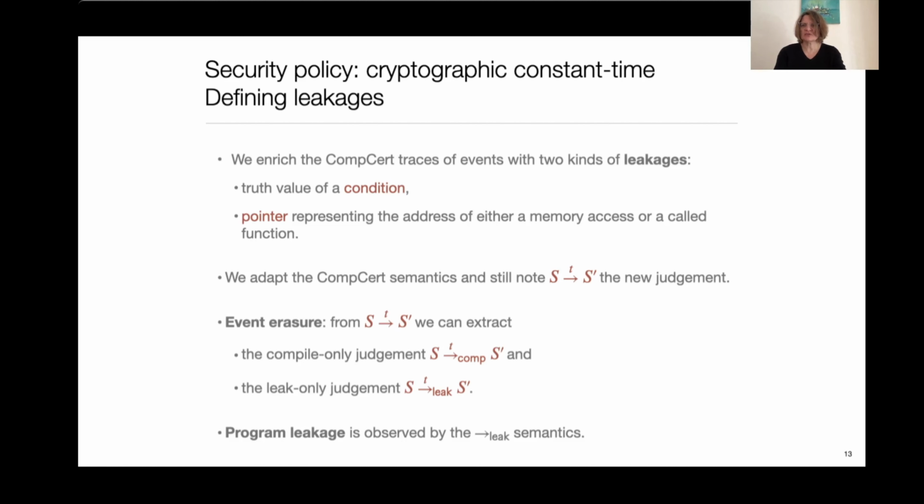And this semantics is used to prove the correctness of compiler passes. Moreover, we can also reason on the leak-only semantics by erasing all the events that are not leakages. This is interesting because our security policy is related to this leak-only semantics.